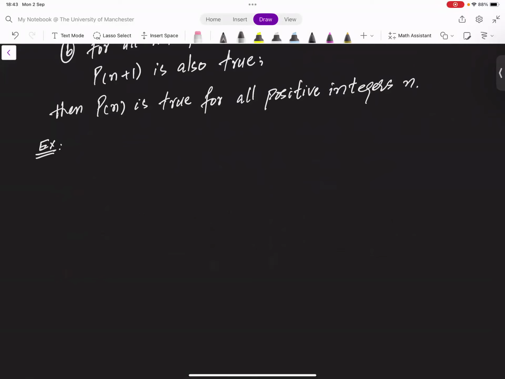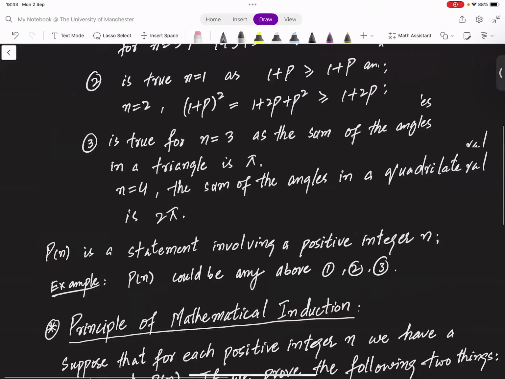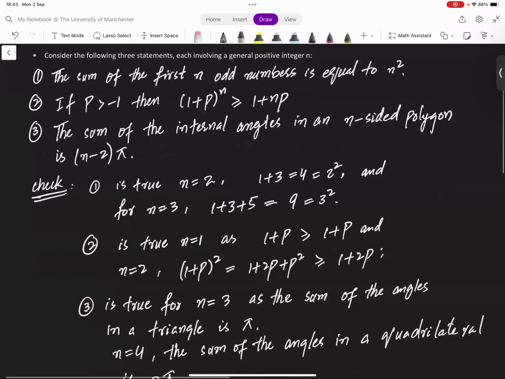So let's try to prove statement 1. Statement 1 was: the sum of the first n odd numbers is equal to n square.